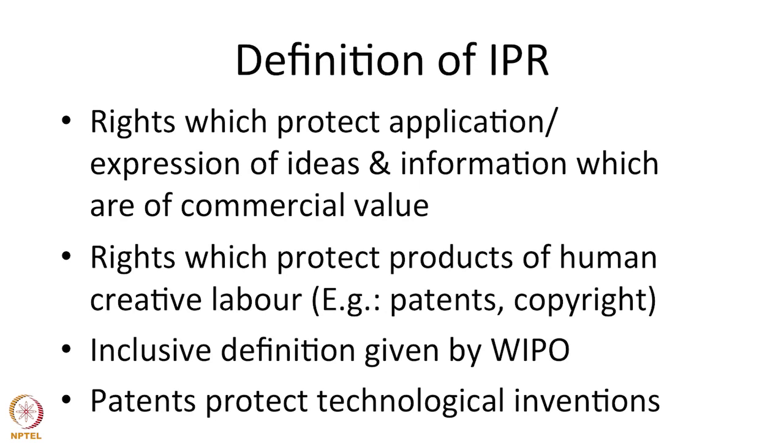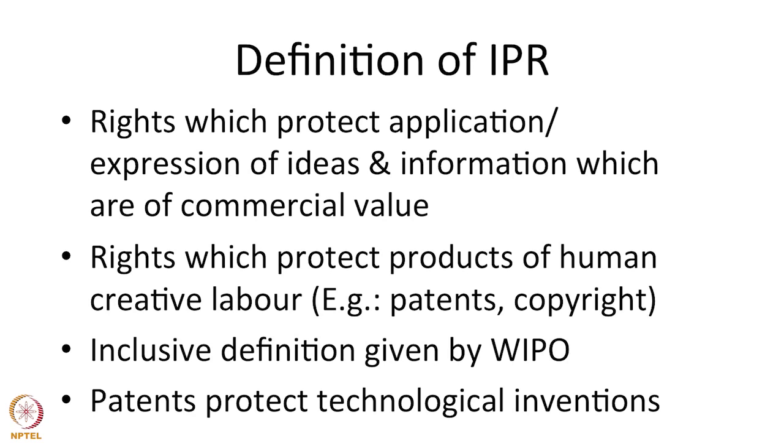The WIPO's definition is an inclusive list, and there could be new things that come into the list, but apart from referring to it as products of creative labor, it does not give us anything more for a uniform definition of intellectual property rights.